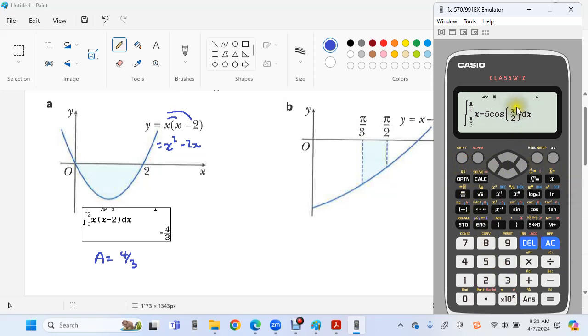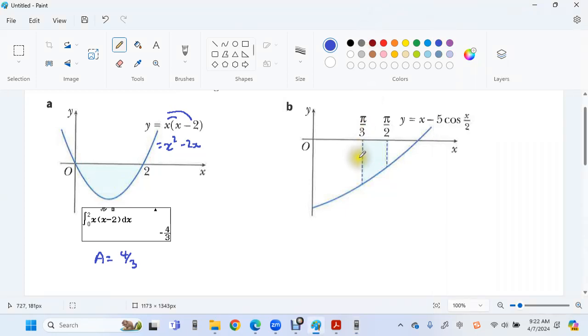You must make sure your calculator is in radian. When you do the integration involving sine, cos, tangent, make sure you have R for radian instead of D. Otherwise, you won't get the correct answer.